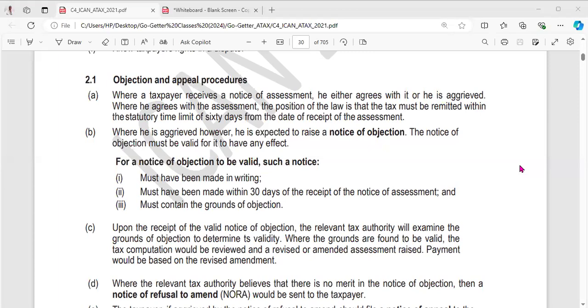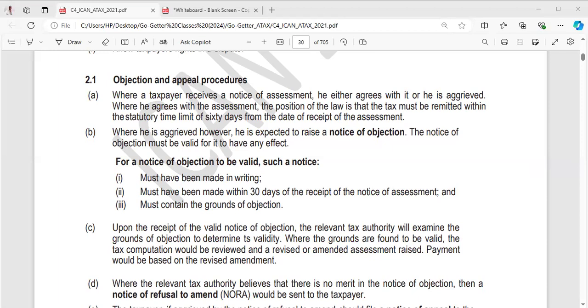So there is a difference between self-assessment that the taxpayer will do and the assessment done by the tax authorities.